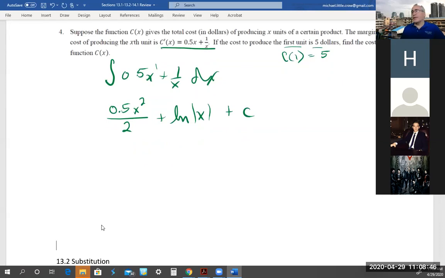So let's clean this up. This is 0.5 over 2. 0.5 is the same thing as 1/2. So you could write this as 1/4 x squared plus the natural log of x plus a constant.